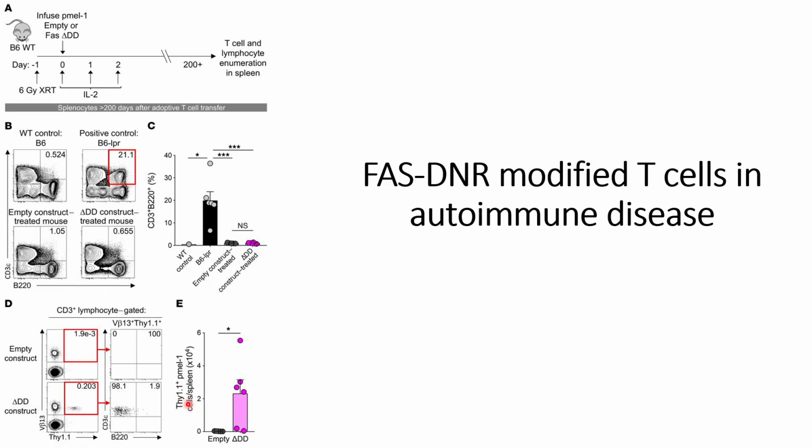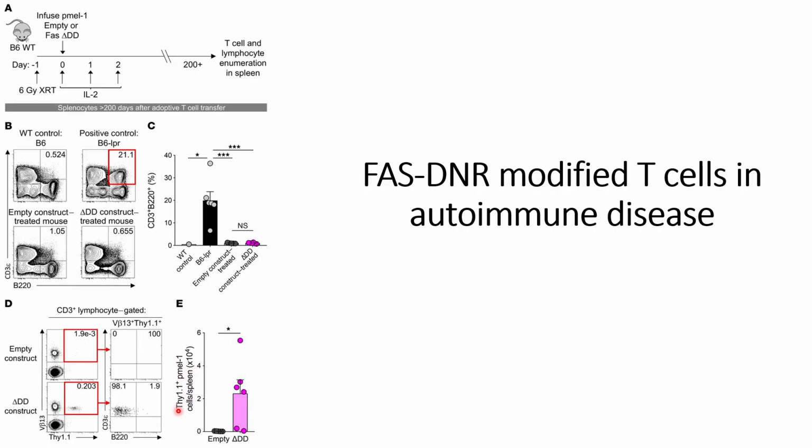The quantifications of panel D's results are shown in panel E, where we can see that the Thy positive cells per spleen are almost negligible in the empty construct, whereas in the case where the CAR construct has the FAS intercellular signaling domain truncated, they see a high positive population for Thy1.1 and PMEL 1 cells per spleen.